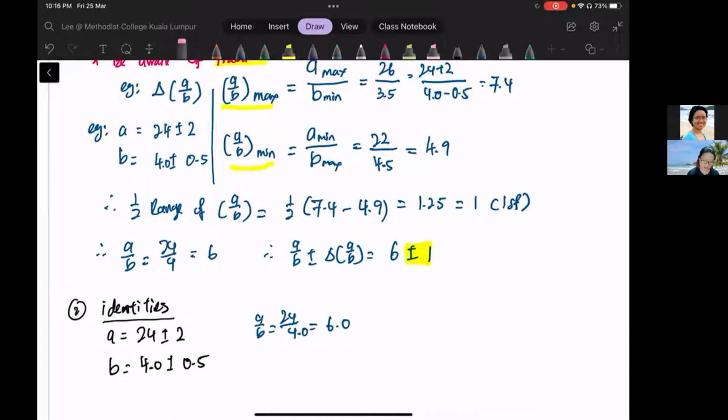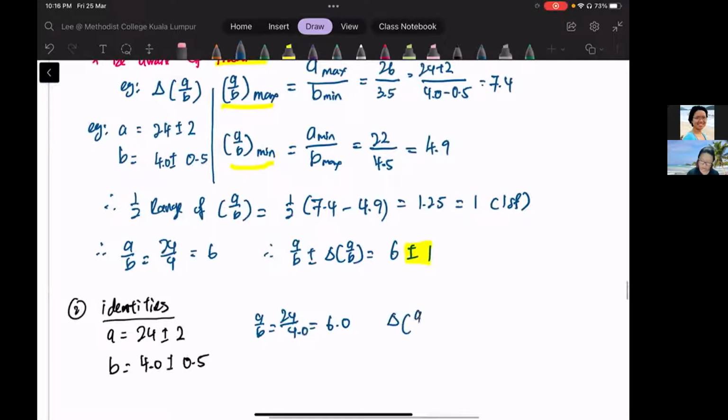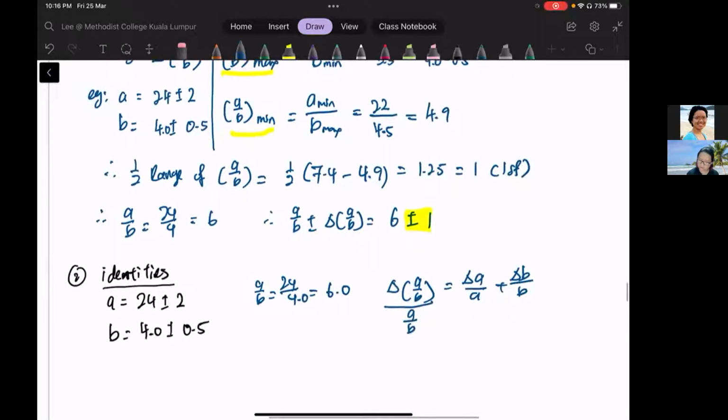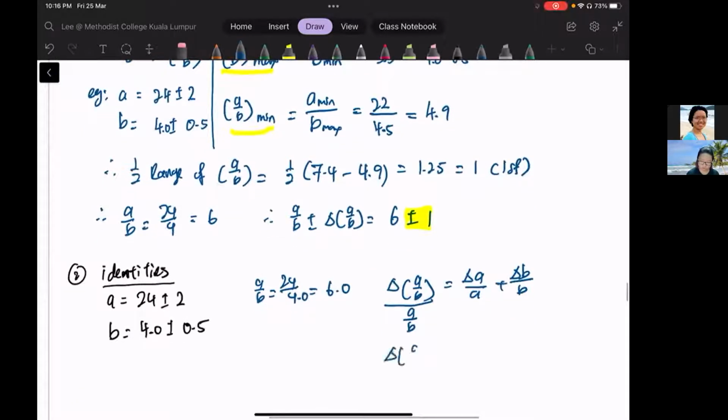And then the uncertainty, we've done this in AS before, the uncertainty of A over B will be uncertainty of A over A plus uncertainty in B over B. So it's the percentage uncertainty. So the uncertainty of A over B will be equal to 2 over 24 plus 0.5 over 4.0, and the whole thing multiplied by A over B, which is 6. So hopefully this one is just a regular AS situation for you and you have not forgotten this.